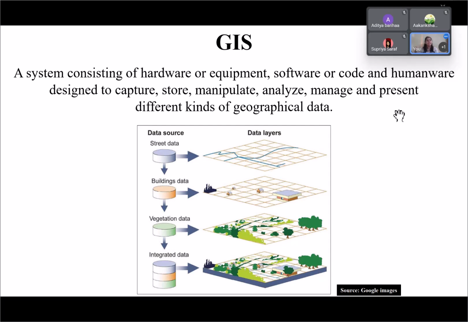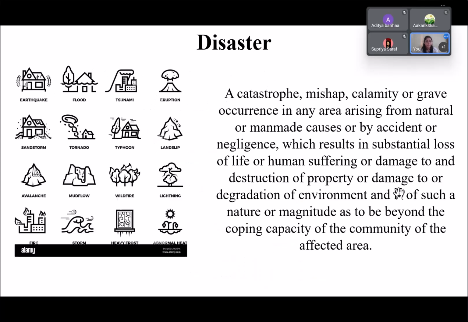It is designed in a way such that you capture, store, and manipulate, which is basically converting the information to image form, analyze the data, and then manage it and present different kinds of geographical data. So you can present the same data that has been derived from a single source in several different forms, as we have seen in the applications and the products.